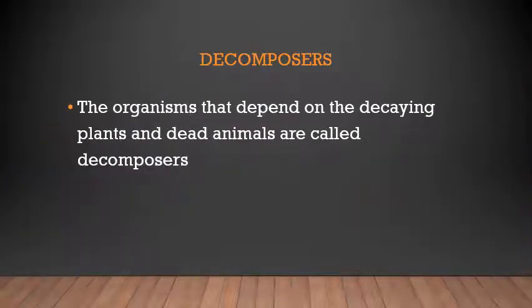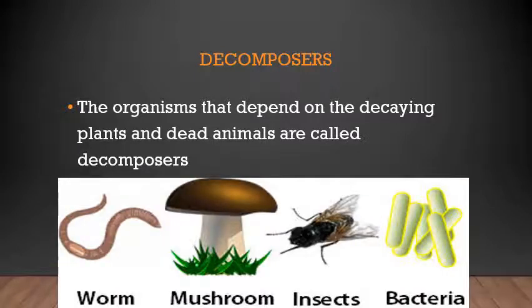The last but very important organisms are the decomposers. The organisms that depend on decaying plants and dead animals are called decomposers. Why are the decomposers important? Because what will happen to the body when an animal dies? It has to be decomposed into the soil, which is very important.